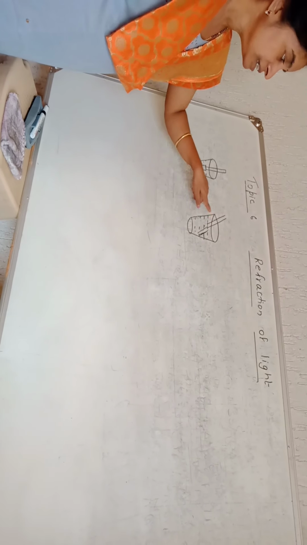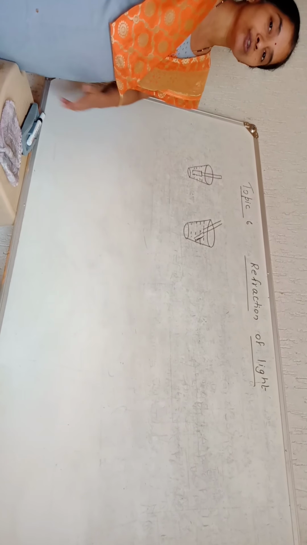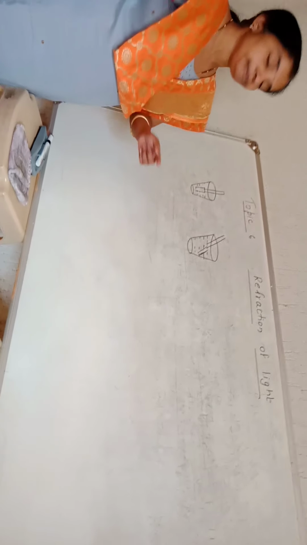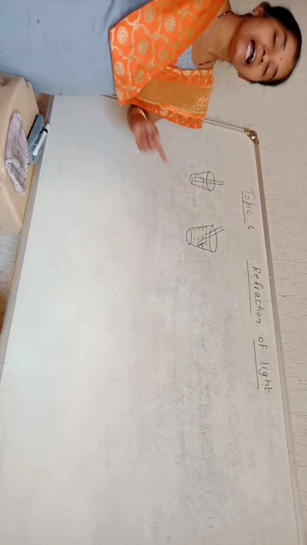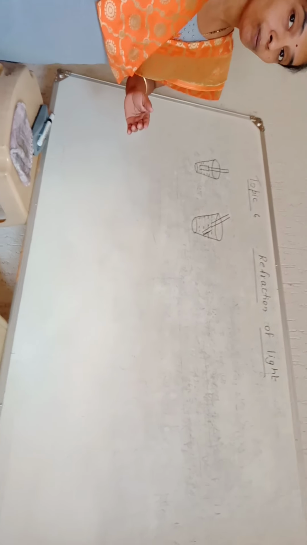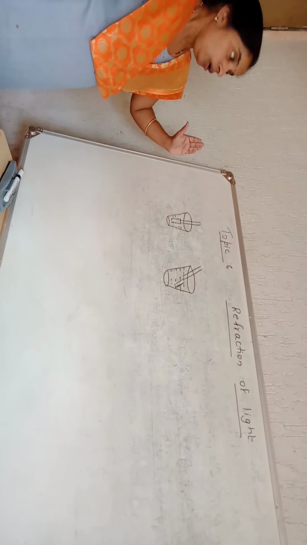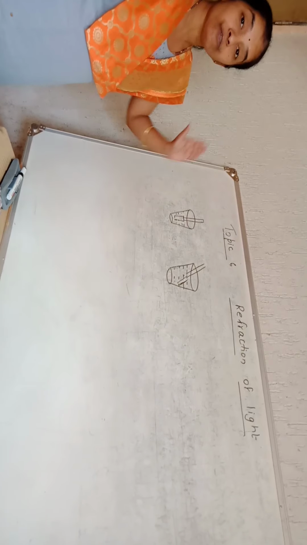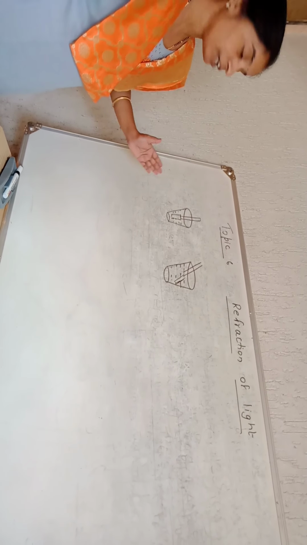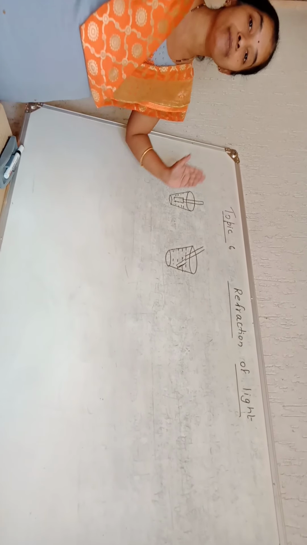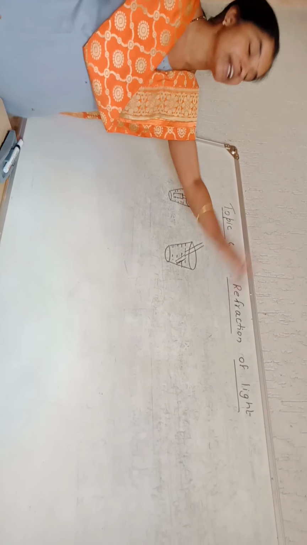This phenomenon of bending of light at the surface of separation, when it travels from one transparent medium, transparent meaning like air, like water, like glass and all that, to another is called refraction of light.